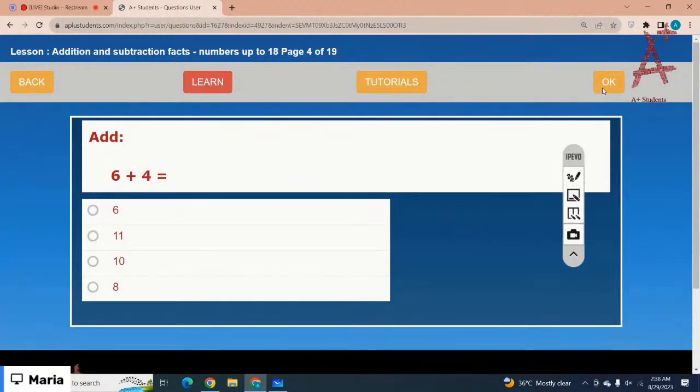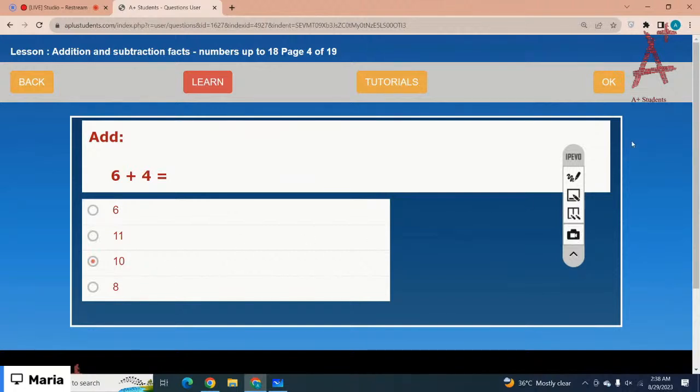The next one is add 6 plus 4. So you have to add them. So 6 plus 4 makes, yes, the correct option is 10.